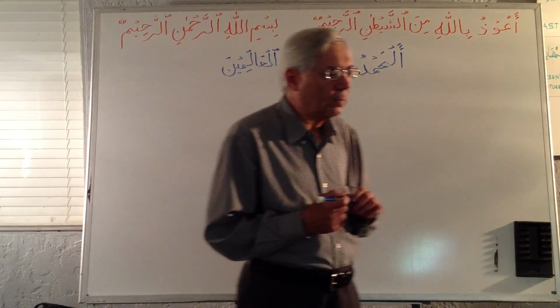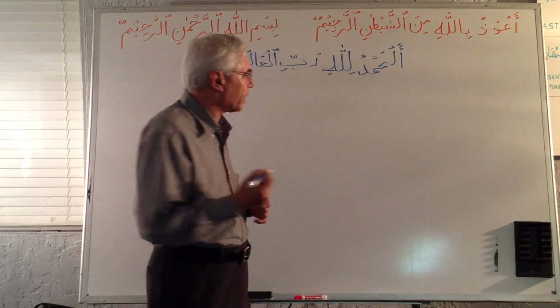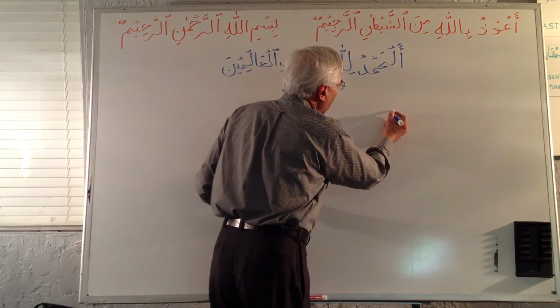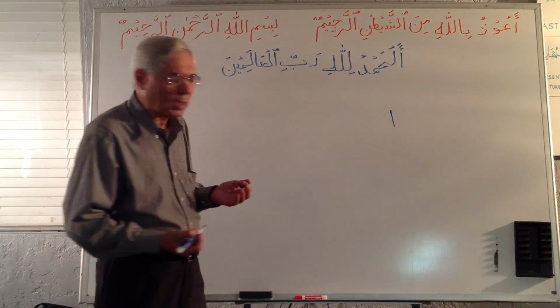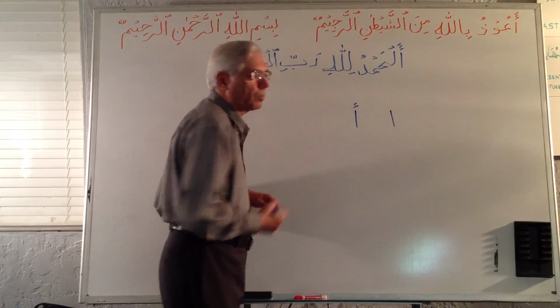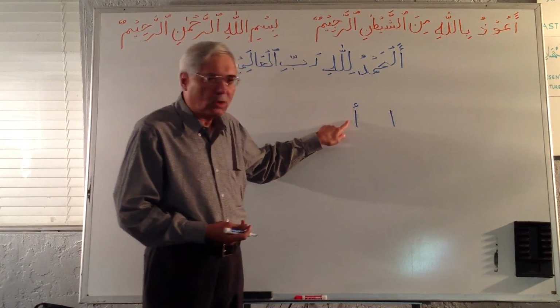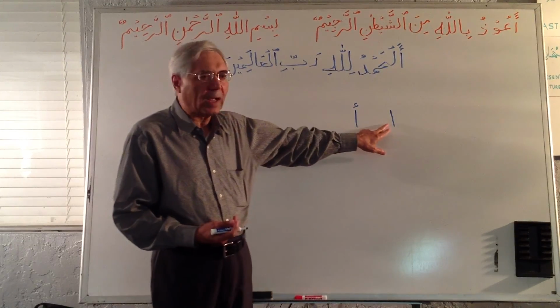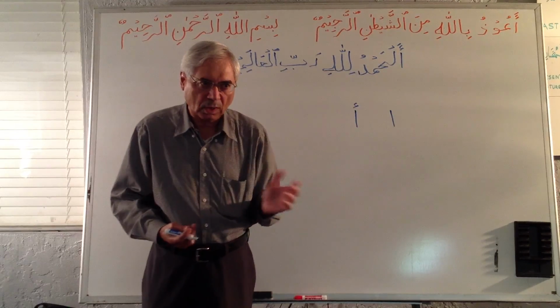So some basic things that we need to remember is that some words, for example, we are familiar with this word we call alif. Okay? In Arabic, it is written this way. This little hamza is sitting on this vertical line, same as this alif that we are used to in reading the Quran back home.